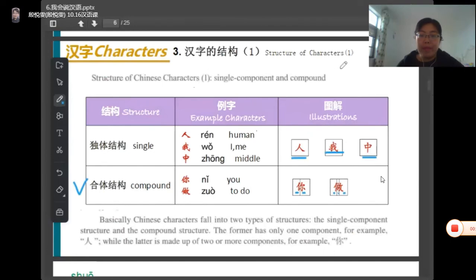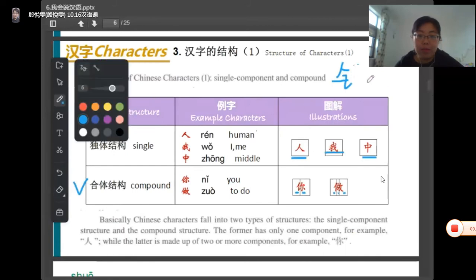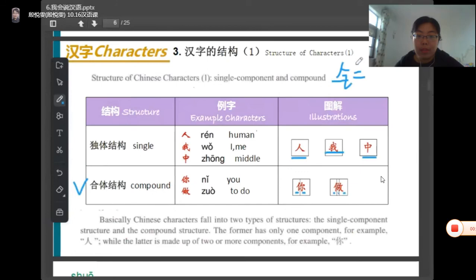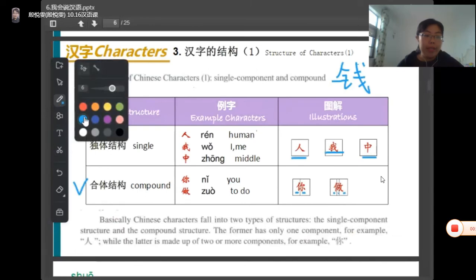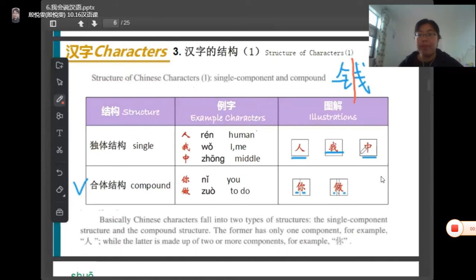Even 钱, someone asked me about 钱. Oh sorry, it's too ugly. 钱, we can divide it into two parts. How to distinguish?